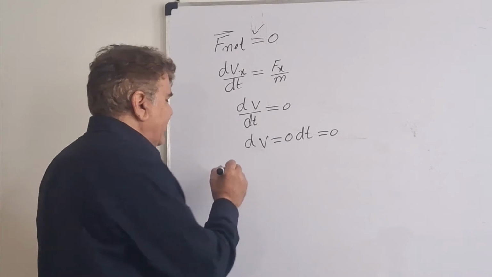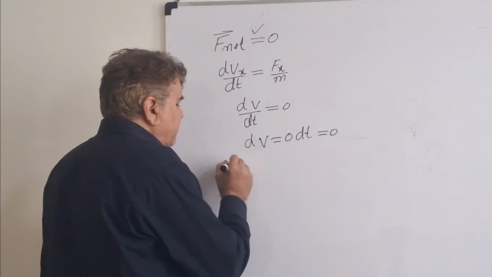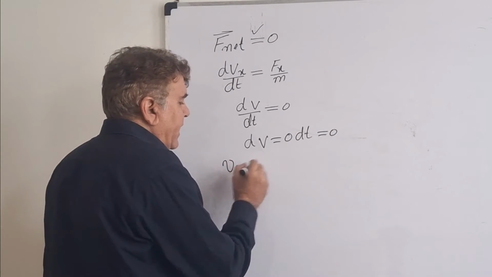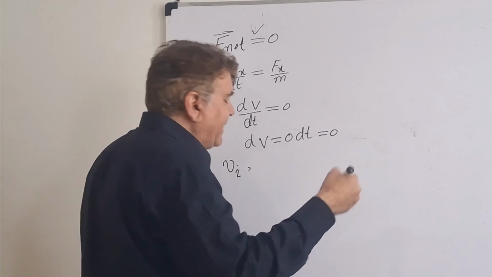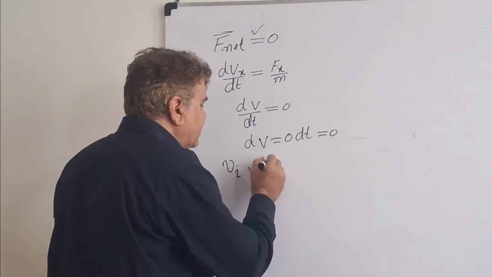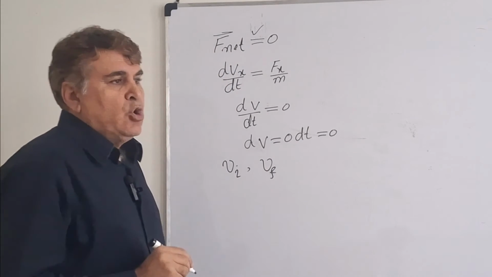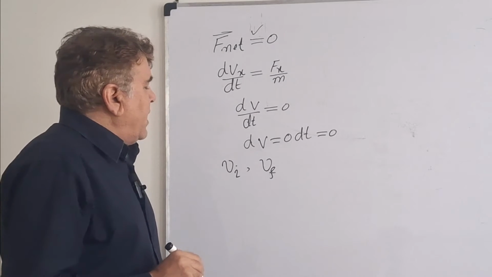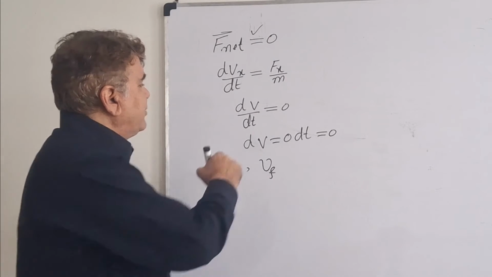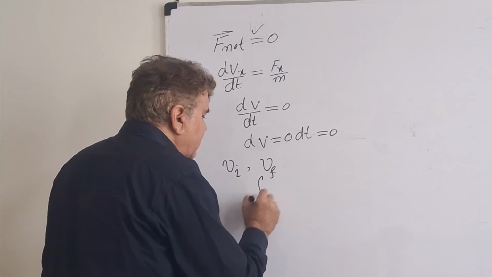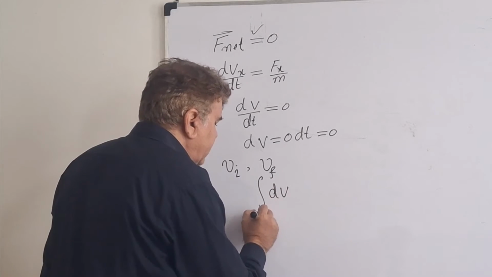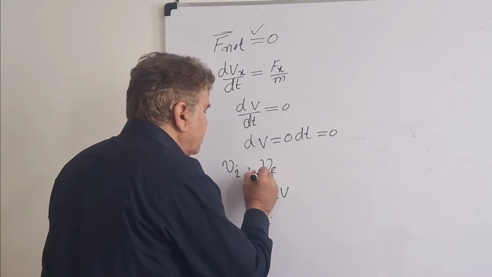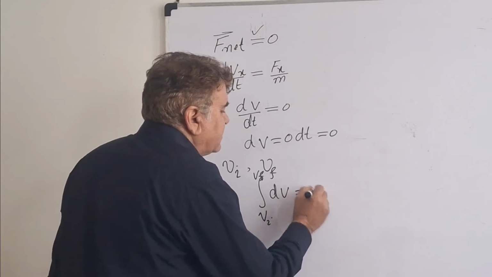I suppose that initially the velocity of the particle is vi, and at any time t later, which we call the final velocity, is vf. With these values of the velocity, I can integrate this equation straightforwardly: the integral of dv from vi to vf equals 0.